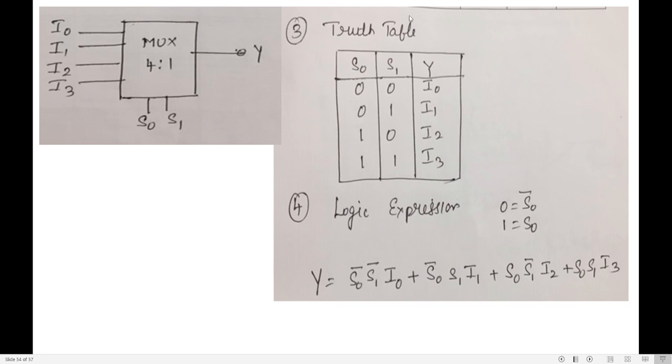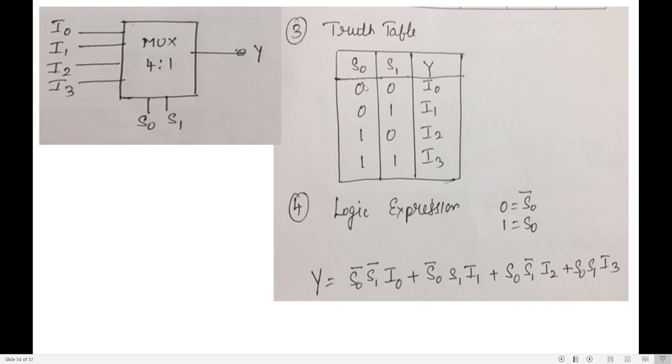Now let us draw the truth table. See the truth table here. There are 2 select lines, S0 and S1. How many combinations? 0 0, 0 1, 1 0 and 1 1.